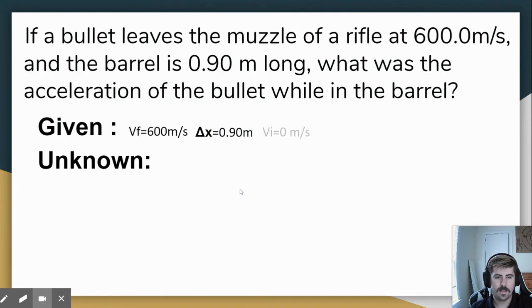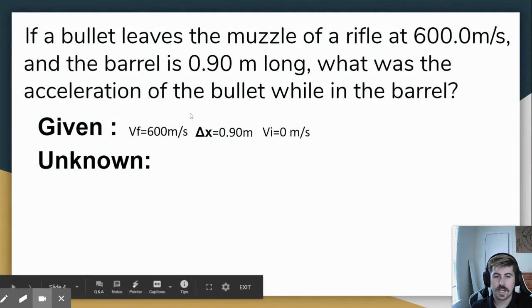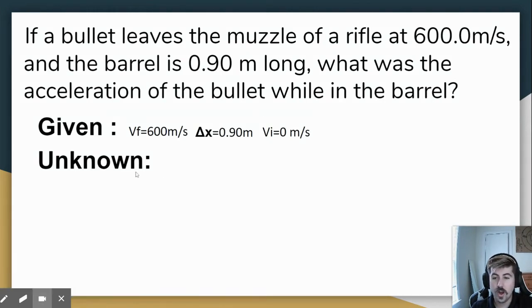Remember we're looking at everything that's happening inside the barrel. The bullet was at rest, and then it got shot out, and when it left the barrel, it was at 600 meters per second. So it went from 0 to 600 just in that barrel, right? And it's asking what was the acceleration of the bullet while in the barrel. So the unknown is acceleration.